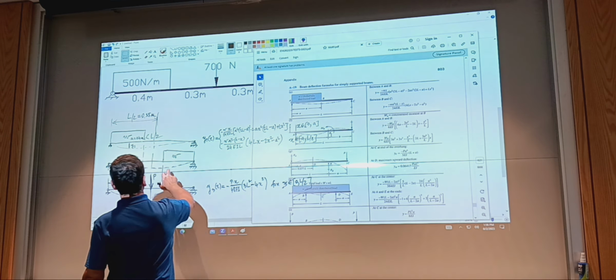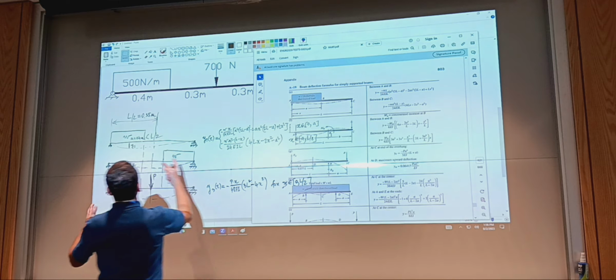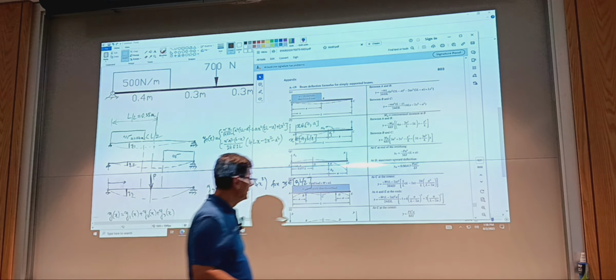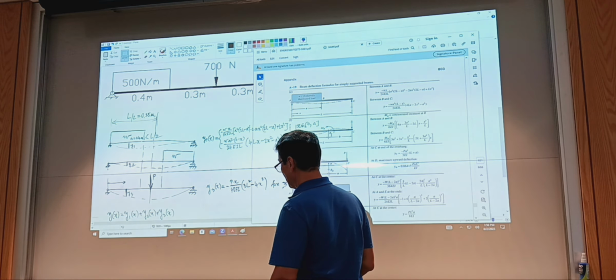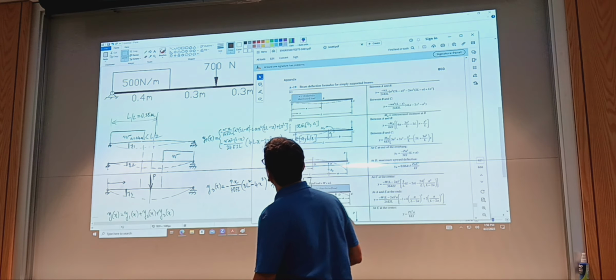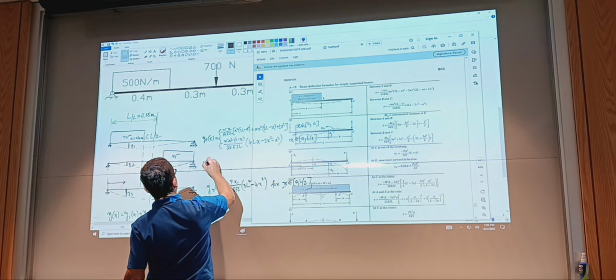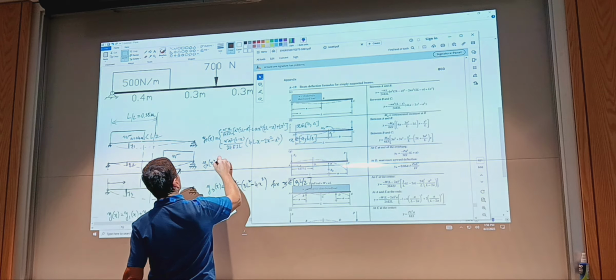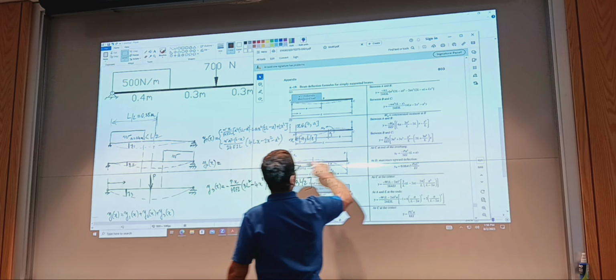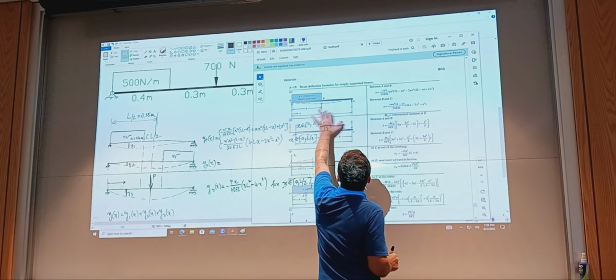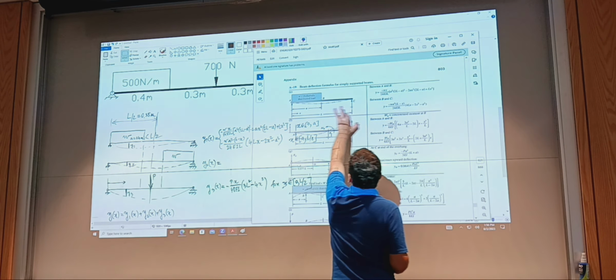And then lastly, we have this one, which is the mirror of the above equation. So essentially what I need to do is state this. y2 of x is this equation going between B and C, but in reverse.